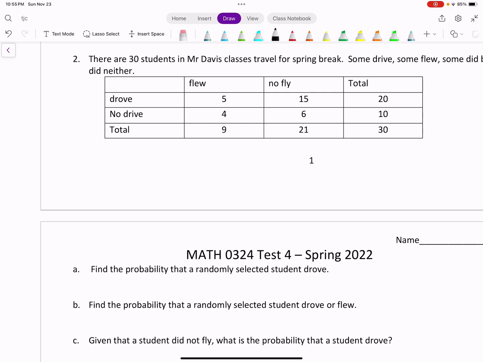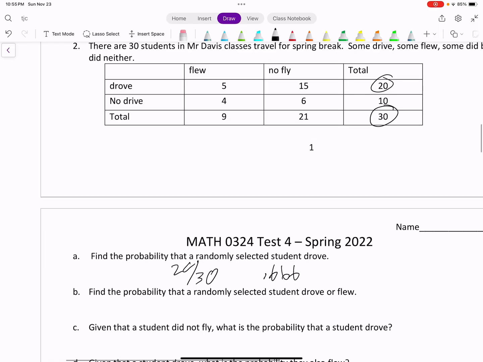Find the probability the randomly selected student drove. Well, 20 students drove out of a total of 30. So that would be 20 out of 30, which is 2/3, which is 0.666, etc. Okay, although you can leave these as fractions. You don't have to do it as decimals if you don't want to.